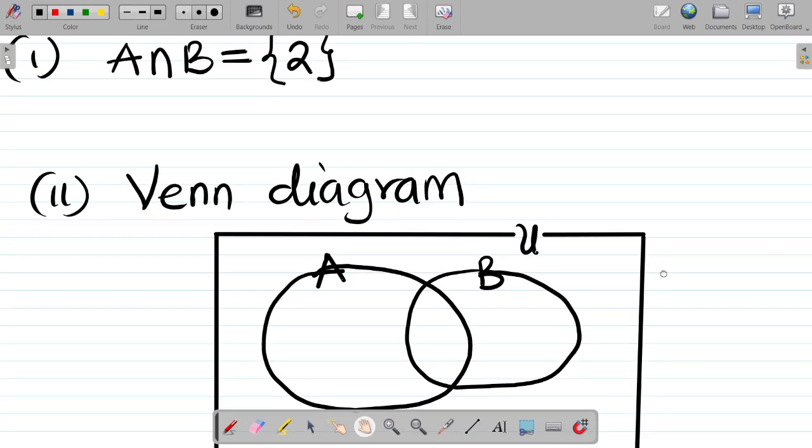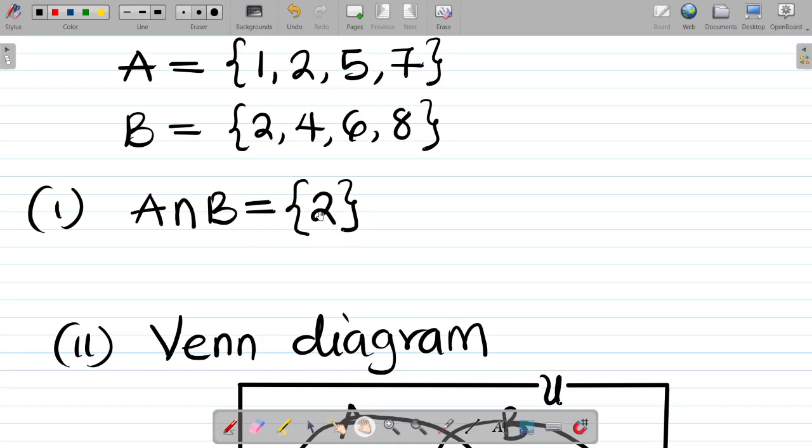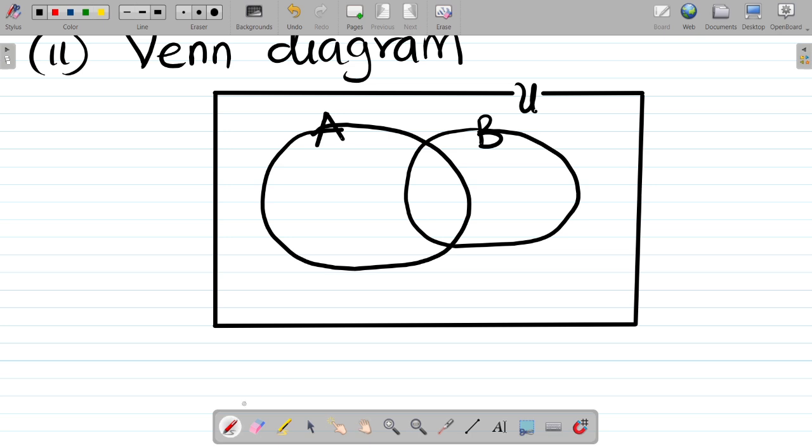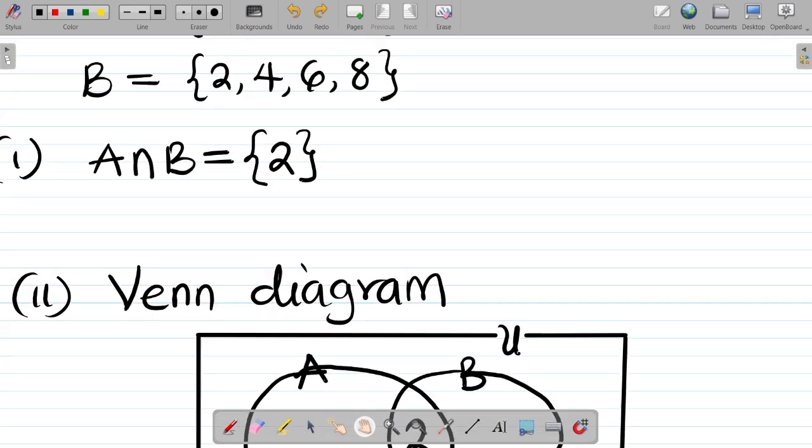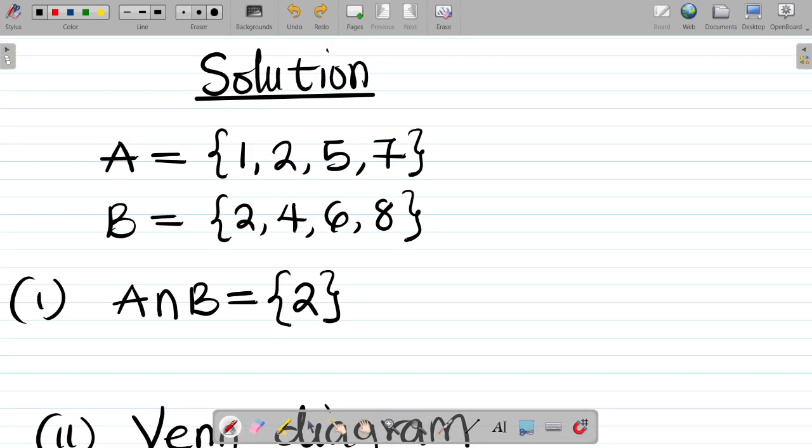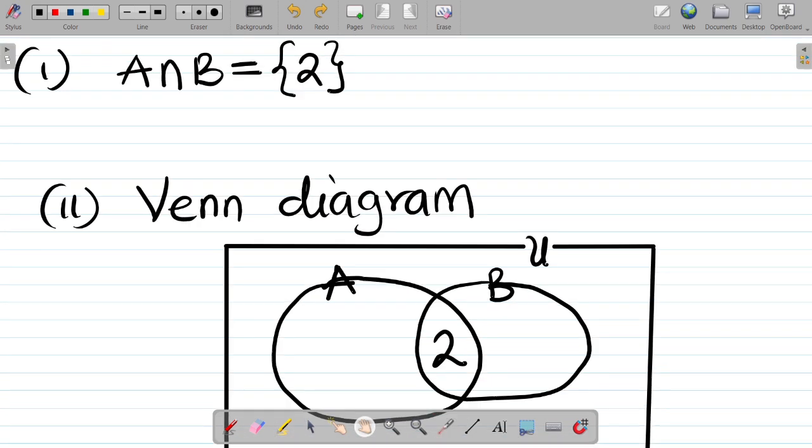The first thing to note is that their intersection is 2. That means the middle part where both of them meet becomes 2, because that's what they have in common. Next, A has other things such as 1, 5, and 7, which are exclusive to just A. So under A, I'll write 1, 5, and 7.